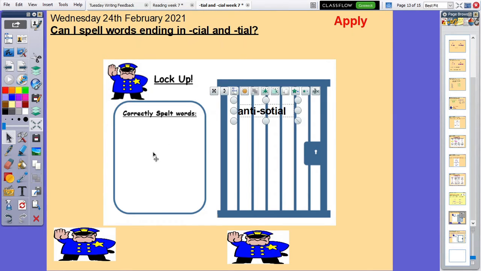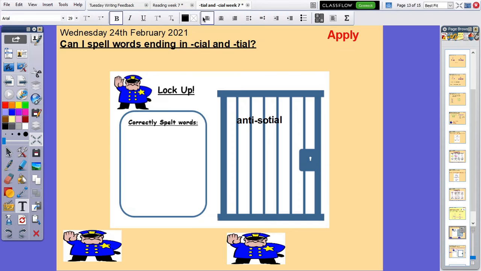So antisocial. What I then have to do is solve and spell that word correctly. So I would make that a little bit smaller. And here is my word, anti-social. And I'm following my rule of the vowel before the C.